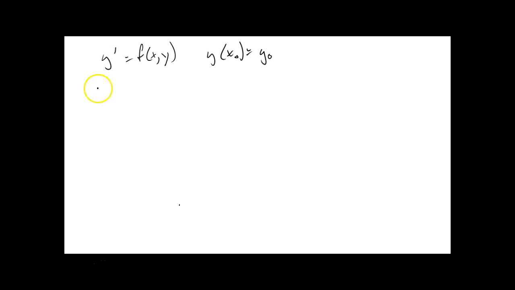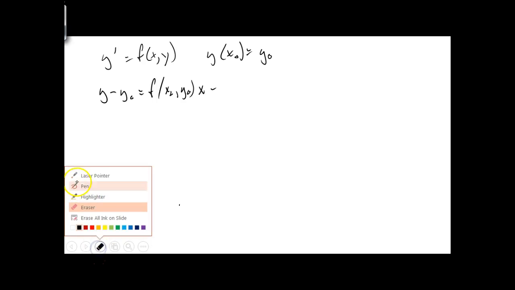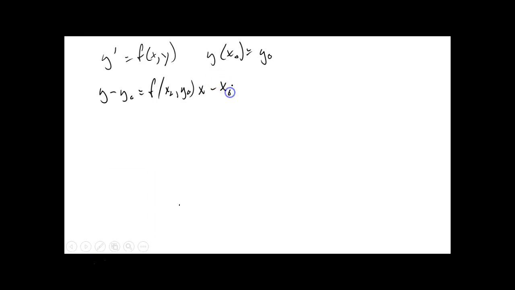Then we use the point-slope formula: y minus y0 is equal to the slope, which is f, this derivative here, at x0, y0 times x minus x0. That's basically your point-slope formula, y minus y0 is m times x minus x0.